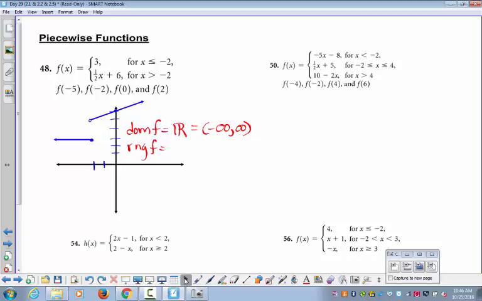There's no points on the graph that correspond to those y values. So when we write the range here, we have to write it as a singleton point of 3 union, let's see, doesn't include 5, so it's going to be a left parenthesis, and then it's going up to positive infinity. So that'll be the range.